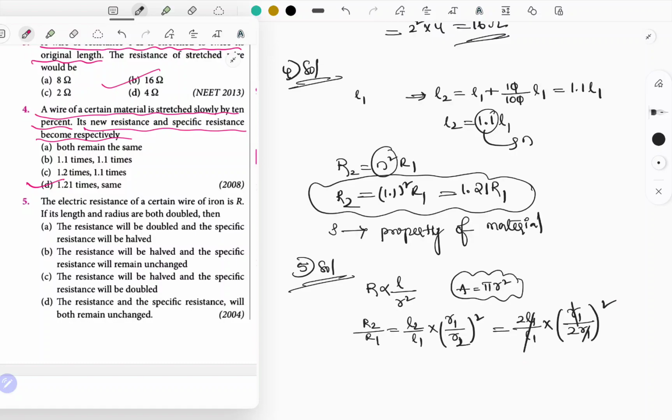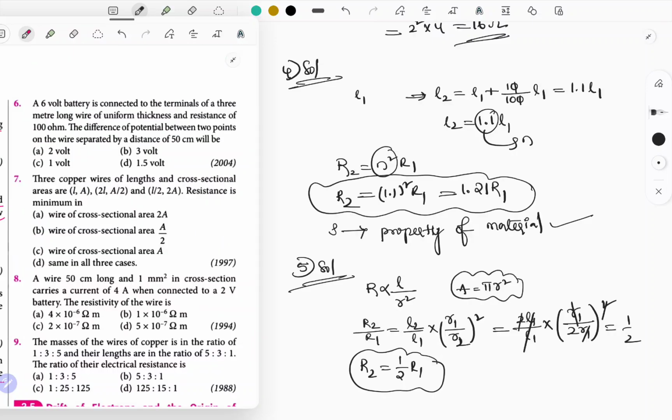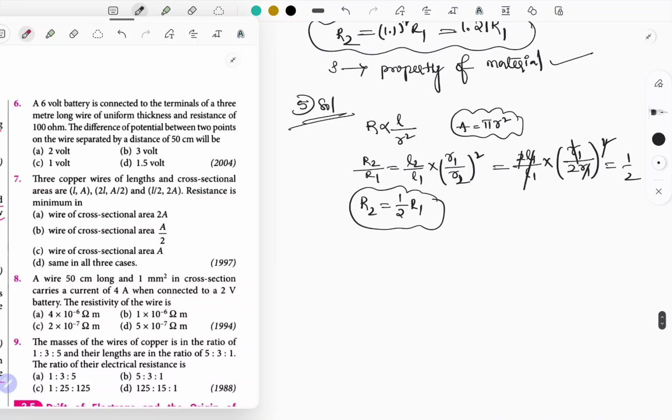R1 will get cancelled, L1 will get cancelled, 2 square will get cancelled, you are going to get 1 by 2. Then R2 will become 1 by 2 times of R1. Which option matches? The resistance will be halved, and specific resistance remain unchanged. Just now we spoke about specific resistance is a property of material which does not change. Next, question number 6.